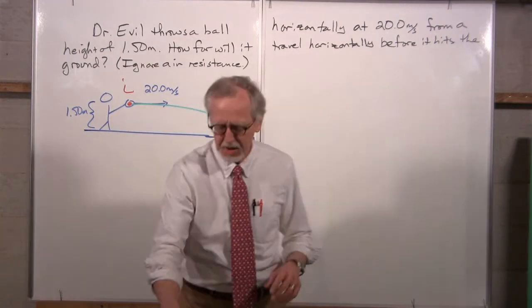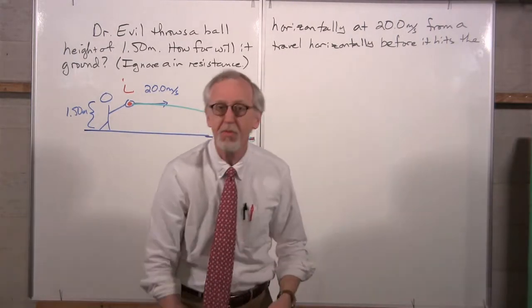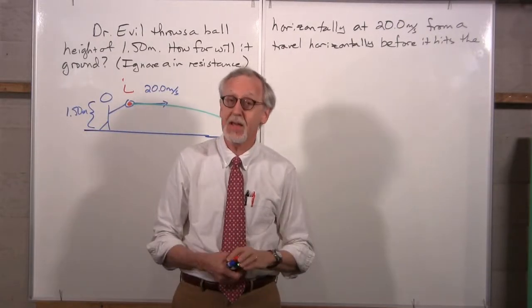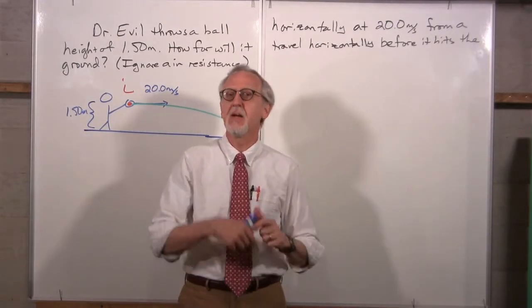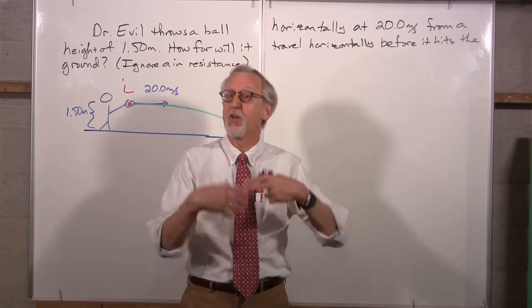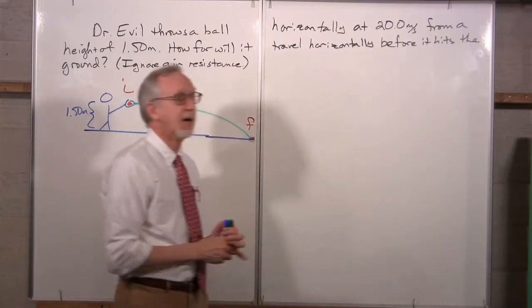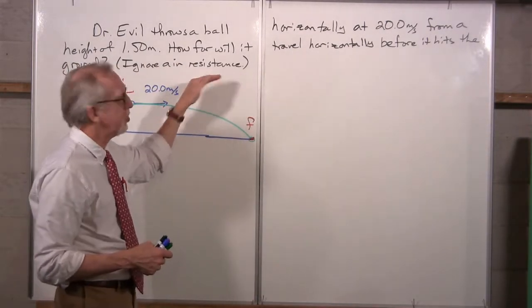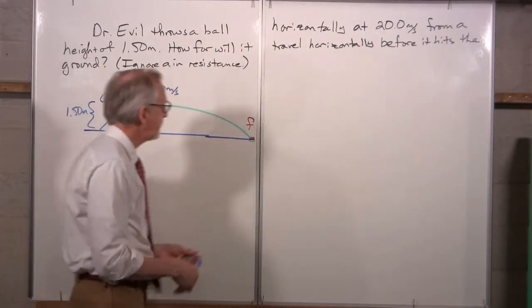We're always, in this course, going to assume that we are neglecting air resistance. Taking that into account is a more difficult problem, something that you would do if you were to take a later course in mechanics or a higher level physics course, but we're not going to deal with that right now. We're just going to assume that there's no air resistance. All right, there we go.